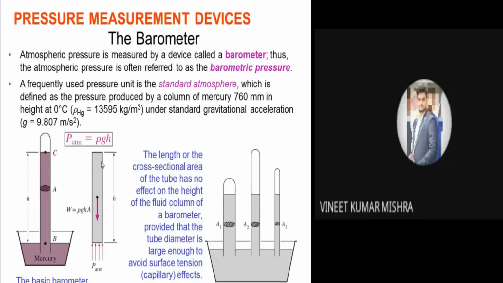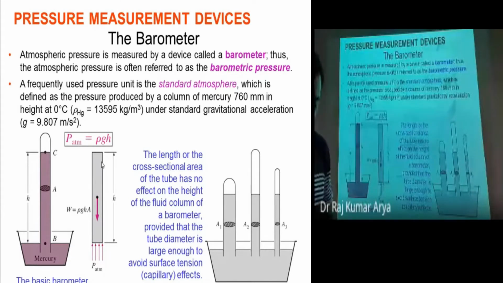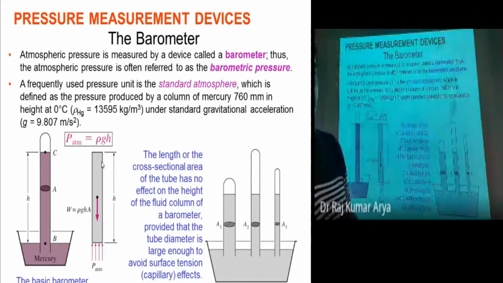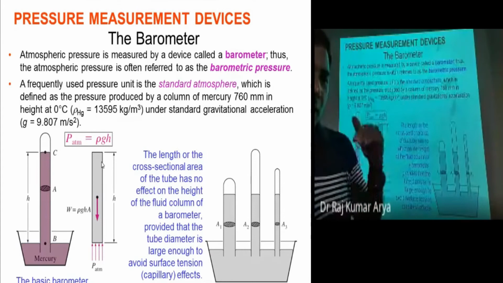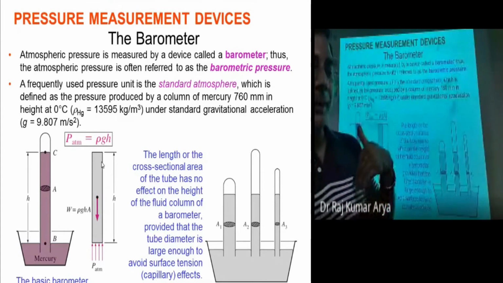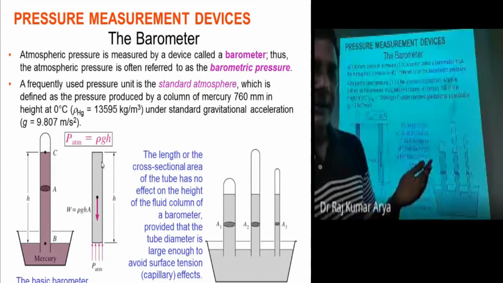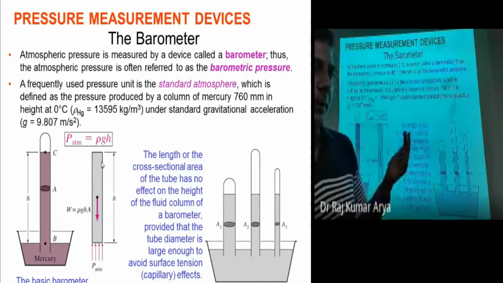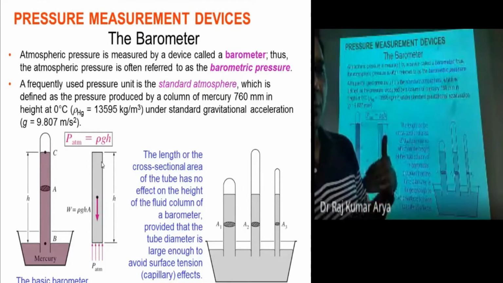Fine. Sir, in the upper part of the barometer, there must be some vapors of mercury. No, actually, there will not be. That part is the constraint all the time in pressure measuring devices. All such fluids should have a very low vapor pressure so that they do not vaporize in the operating range.